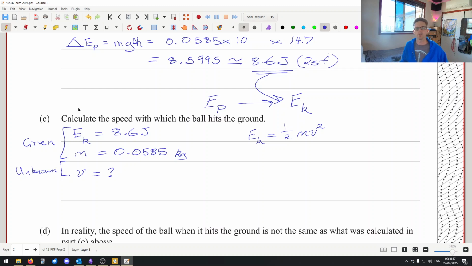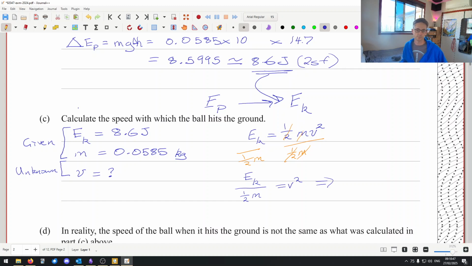Let's go, maybe I'll go a different colour. Let's go, why not orange? Sure. So if I divide this side and this side by half mass, that cancels those ones out, and then we go to this one, so EK over half mass equals velocity squared.